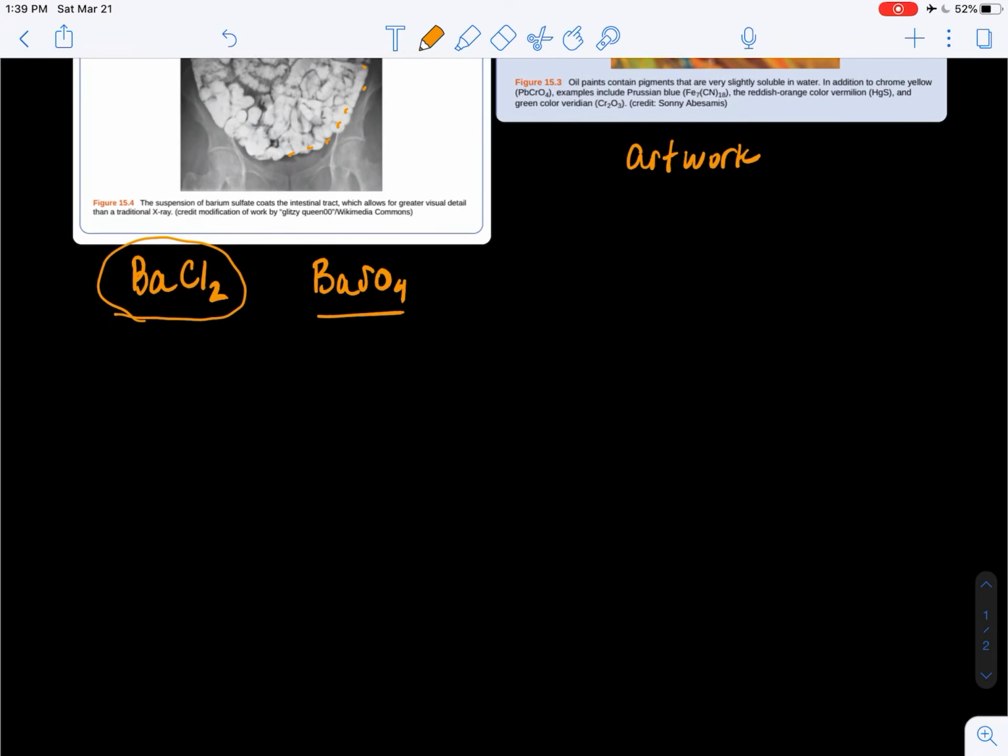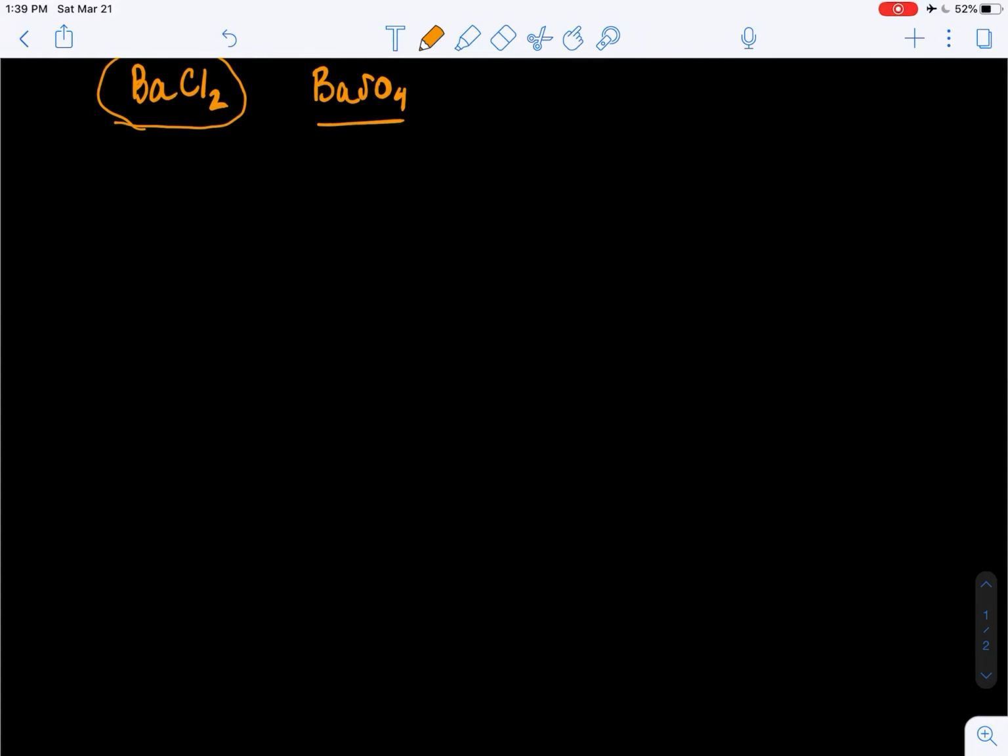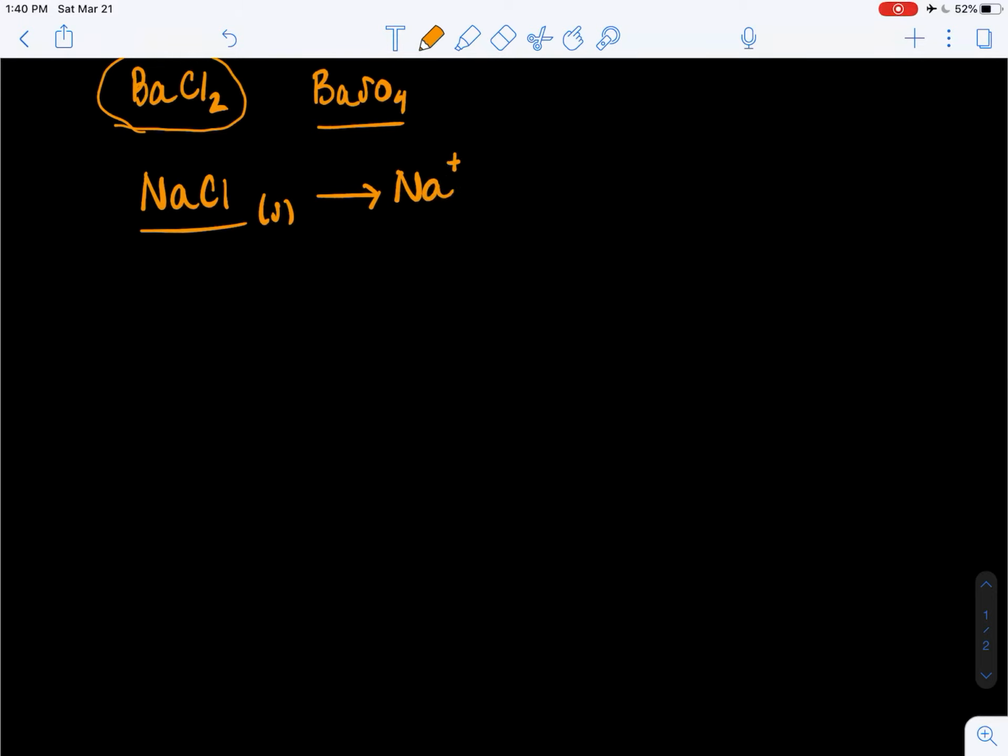Now, we've talked about precipitation reactions before, but let's talk about soluble substances. Sodium chloride does have a finite solubility, and we know that when this substance dissolves, it forms sodium ion and chloride ion, and we call this dissolution.